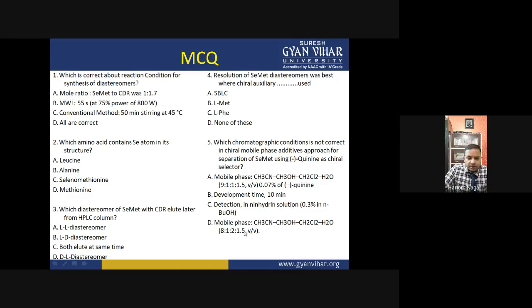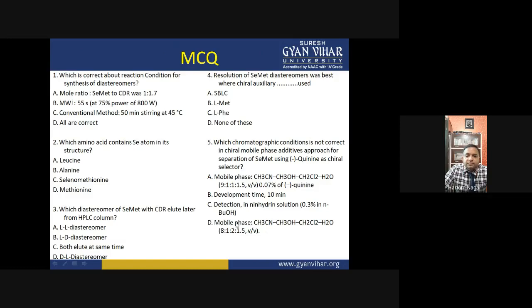These are correct. The third one is easy. This mobile phase is not used, because in the chiral mobile phase additive approach, the chiral selector is also used with the mobile phase. Here there is the chiral selector with the mobile phase.